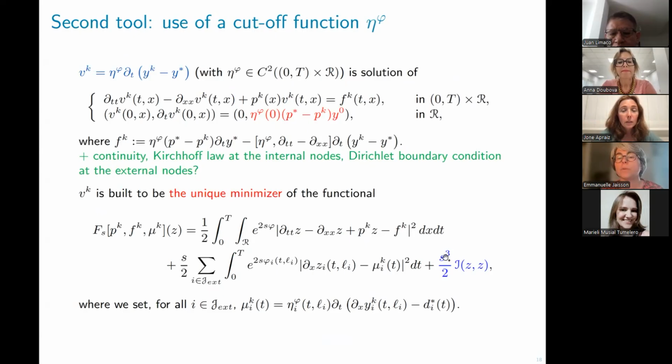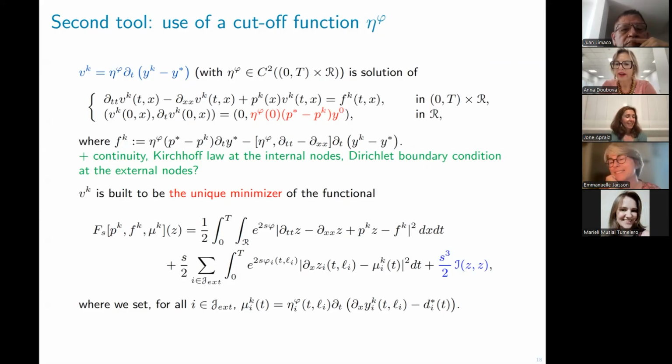In fact, if you don't build this cutoff function, you will need some other observation terms, because here you will have this quantity, but you don't know its value. The only thing we can do is to get rid of them, and so to multiply with a cutoff function. Thank you. Interesting.